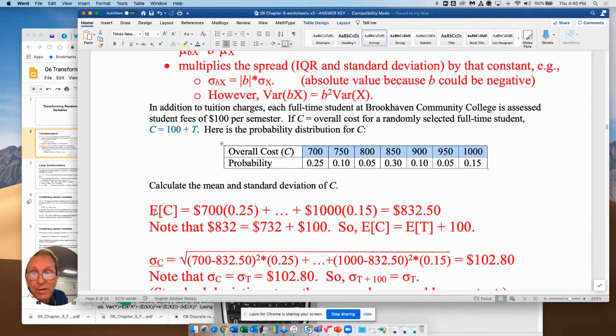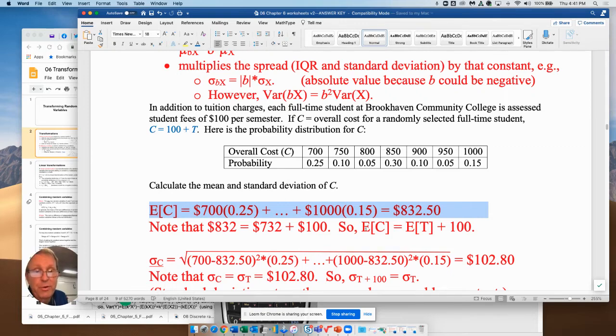But when I add a constant of 100, all I'm doing is taking all the observations from my previous distribution of T's and shifting them over 100 units.